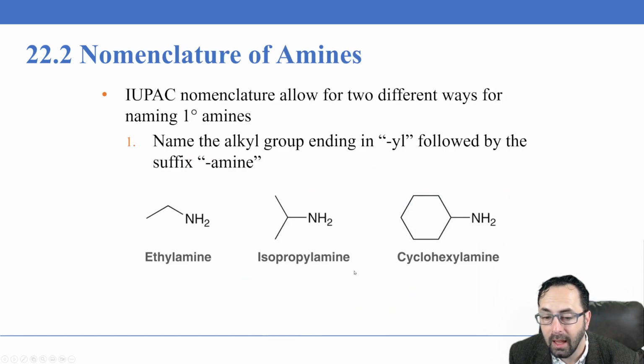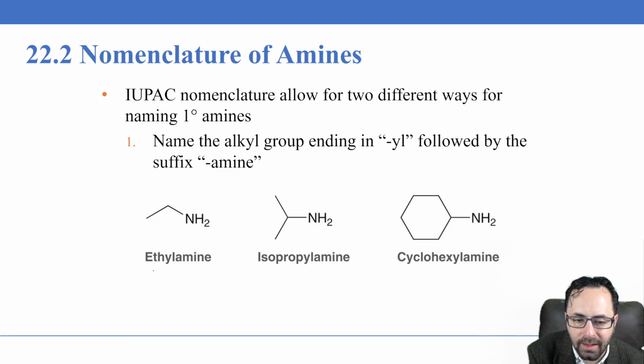In terms of the naming of the amines, the IUPAC nomenclature allows for two different ways of naming primary amines. We can name the alkyl group, end it with a YL, and then say amine at the end, and this is very commonly used. For example, if you watch Breaking Bad, one of the key plot points is they needed ethylamine to turn pseudoephedrine into methamphetamine.